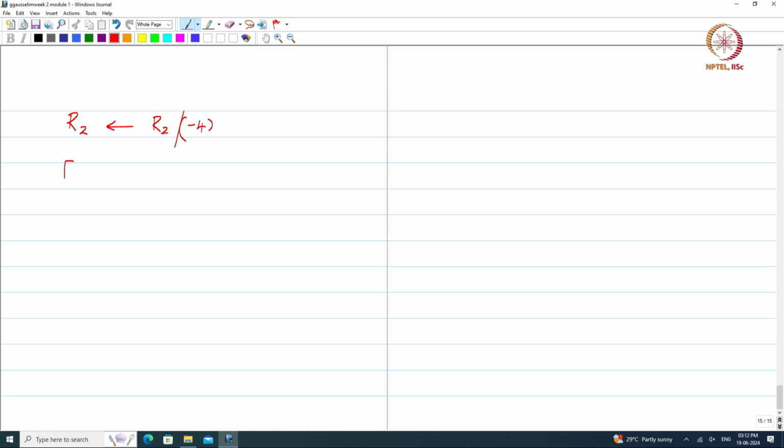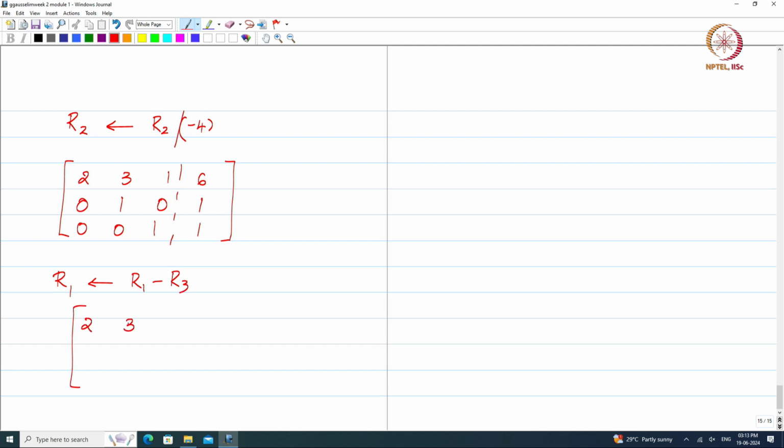So it becomes 2 3 1 6, 0 1 0 1, the last row 0 0 1 1. Again R3 is subtracted from R1, then it becomes 2 3 0 5, 0 1 0 1, 0 0 1 1.